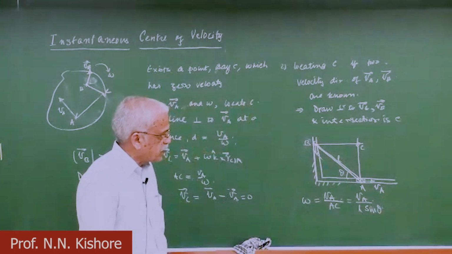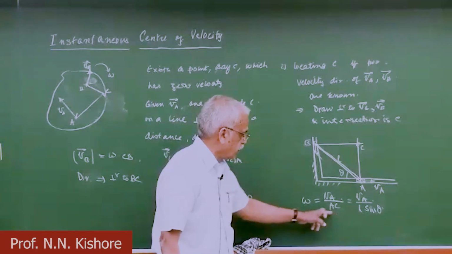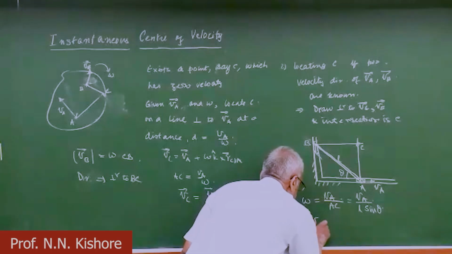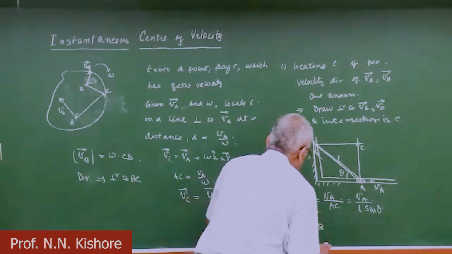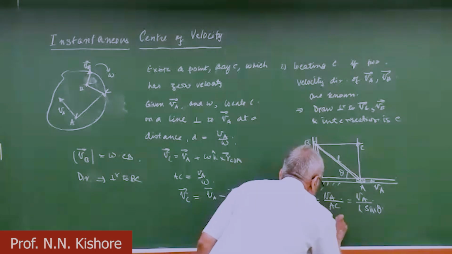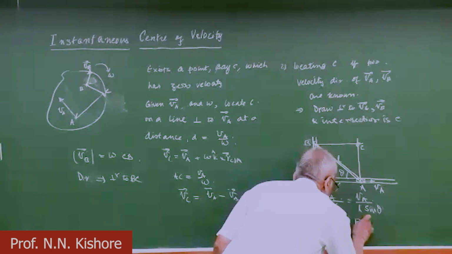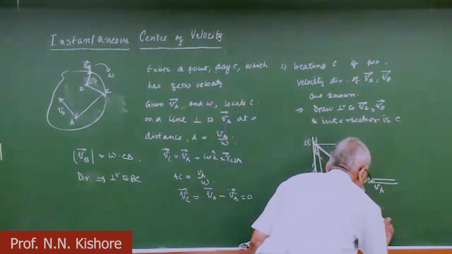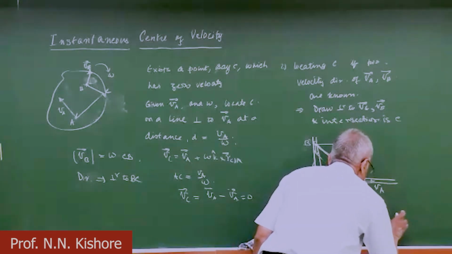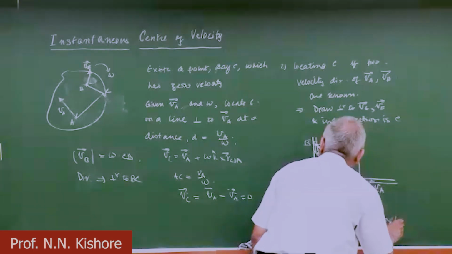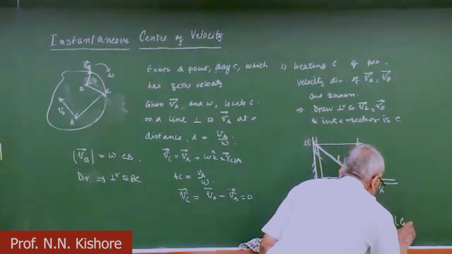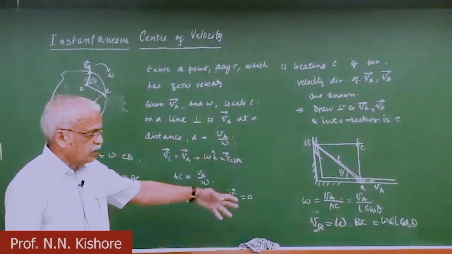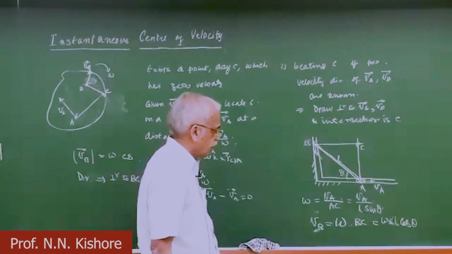So at this particular instant, C is located and the angular velocity is omega like this, and once you have that, the velocity of B can simply be said to be omega times BC. BC is nothing but... I think I'll leave it, the substitution of omega. So this is how you can calculate the velocity of B.